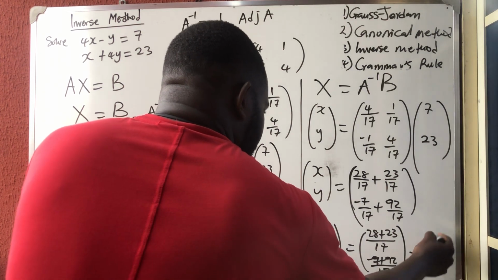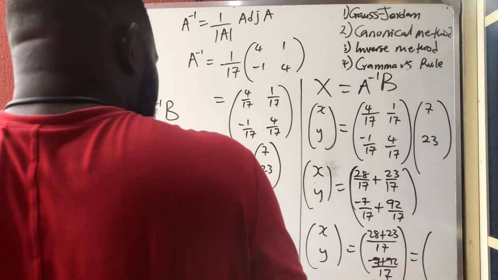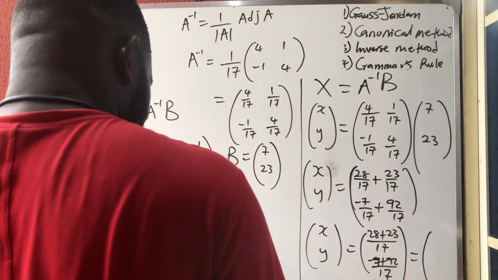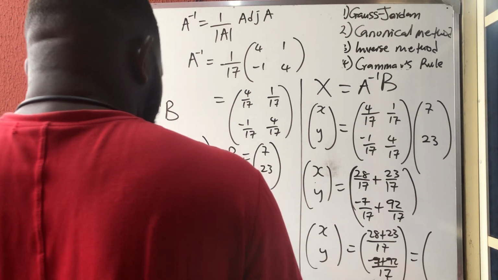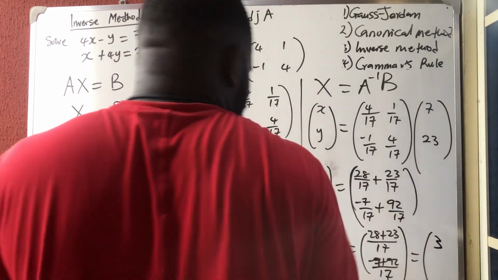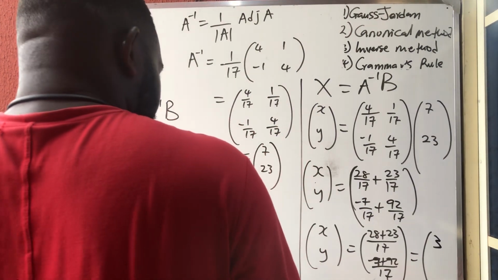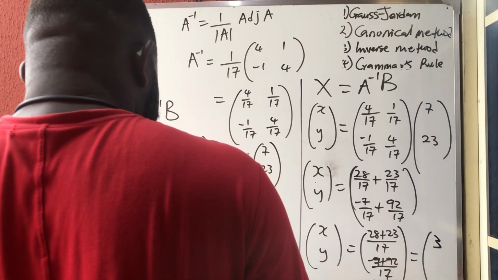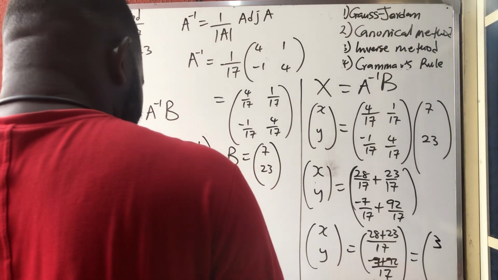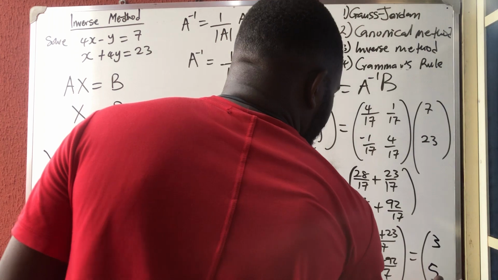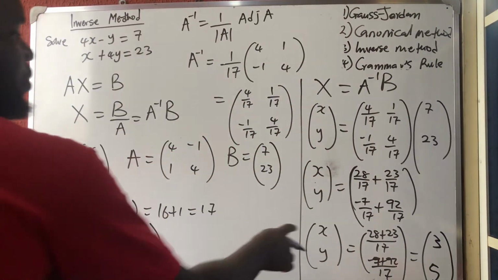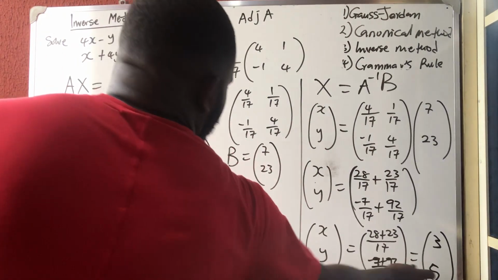So the final answer will now be 28 plus 23, which gives me 51 divided by 17. I'm having 3, so my x is 3. Then the other one: 92 minus 7 is 85, divided by 17, so I'm having 5. You see, we got the same answer. So x is 3 and y is 5.